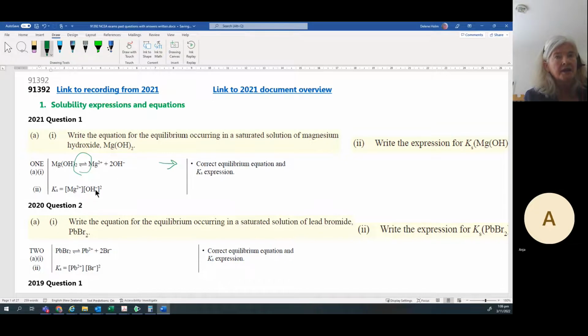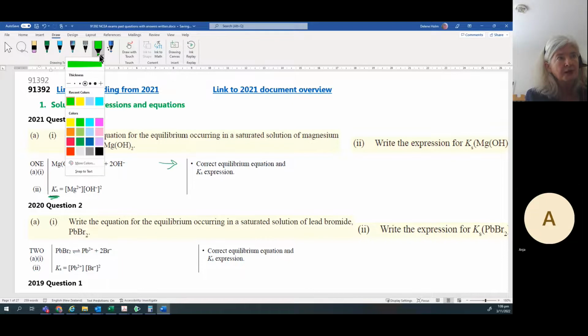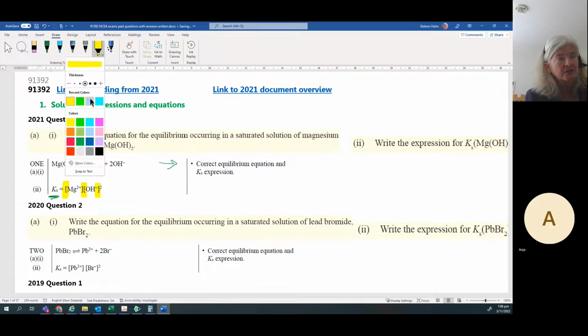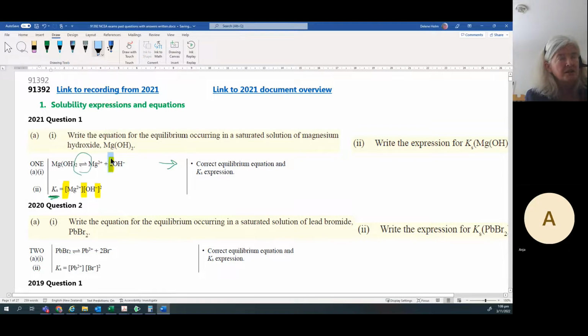And then the equilibrium expression is when you have to write Ks is equal to, and then be very aware when you write the expression that you use square brackets and not round brackets. And whatever the coefficient is in front of a number in the equation gets raised as the power for the expression.